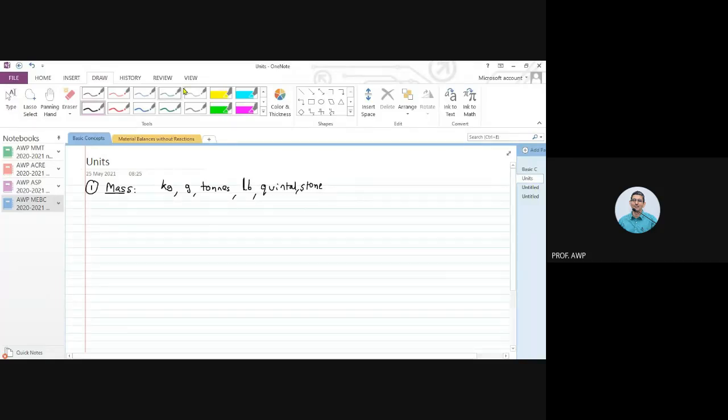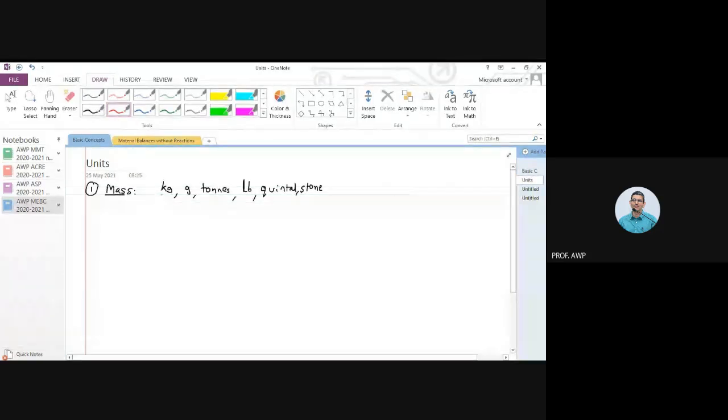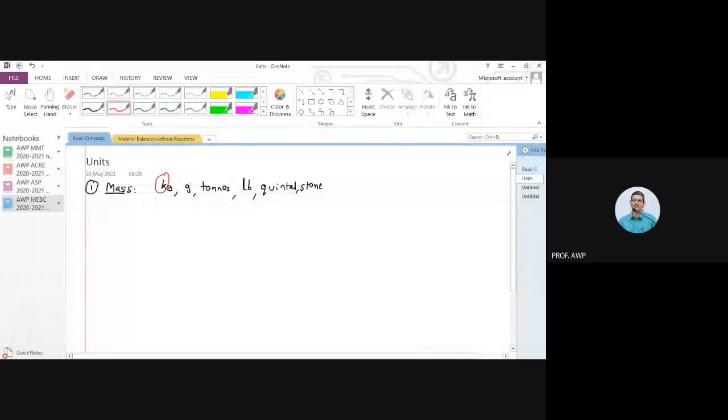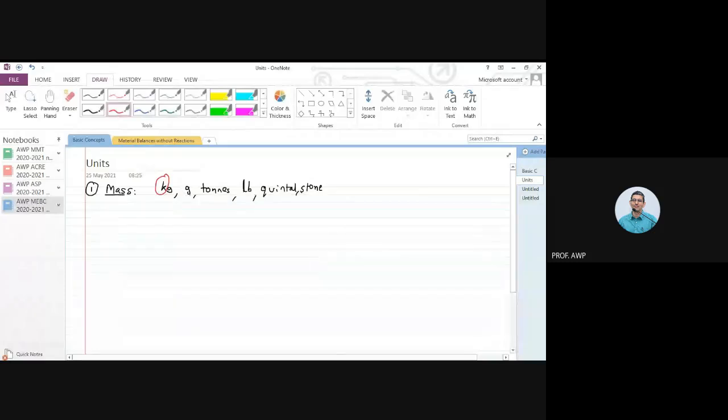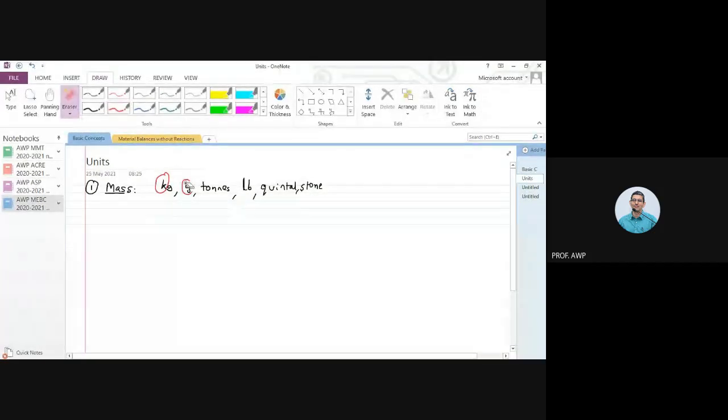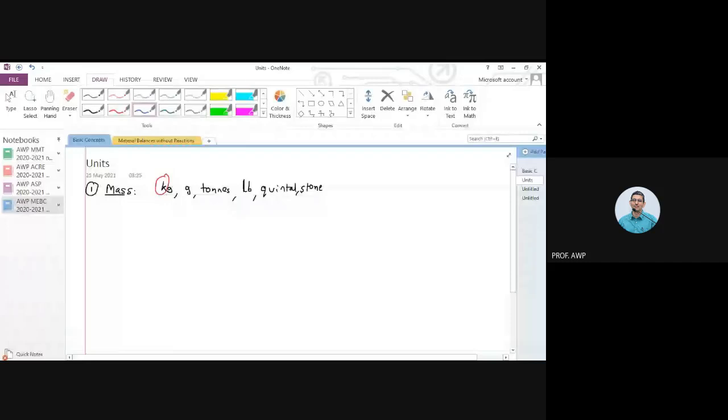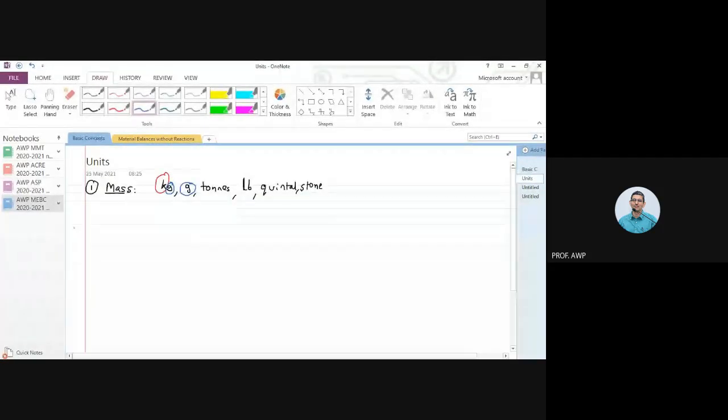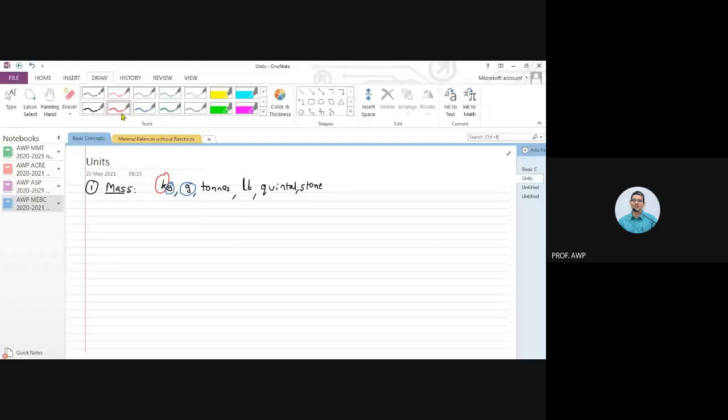Right, so just one thing before we start converting units from one set of units to another set of units. Look at this. Do you see what I have circled in red?